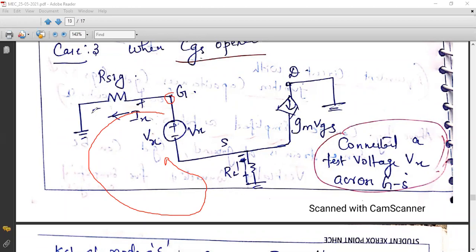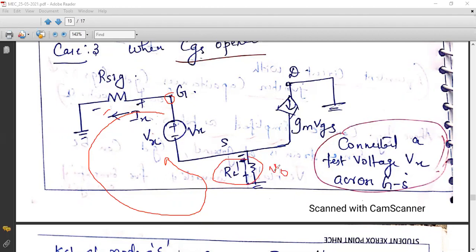So plus to minus, it will be negative. What is the drop across RSIG? It is Ix into RSIG. So the term is minus Ix into RSIG, which is the drop across RSIG. After that, I have to come here. What will be the voltage across RL dash? It is V0.